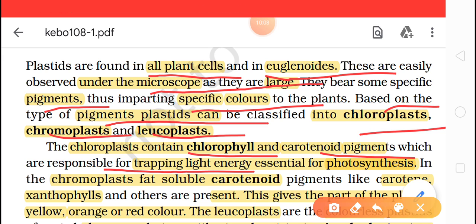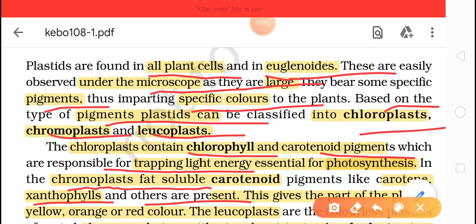Now number 2, that is chromoplast. In the chromoplast, the fat soluble carotenoid pigments are found, and these fat soluble carotenoids are carotene, xanthophyll and others.